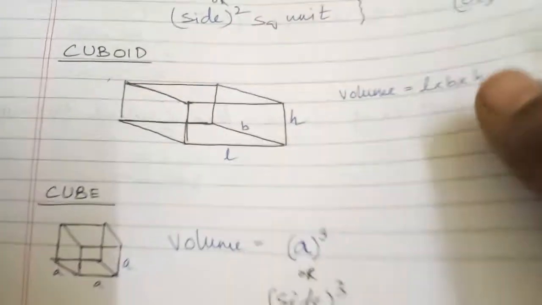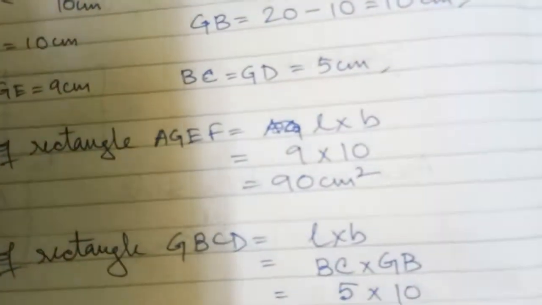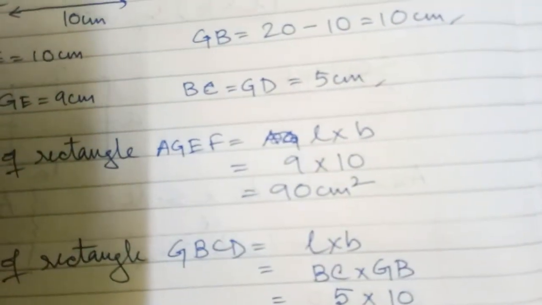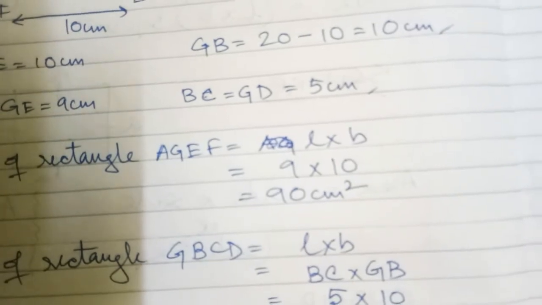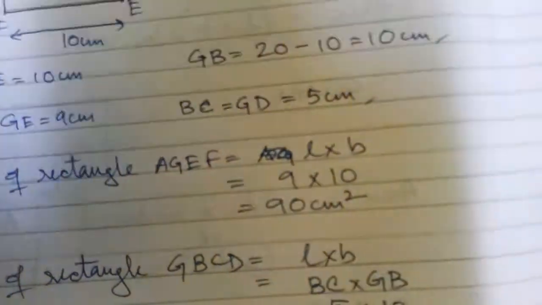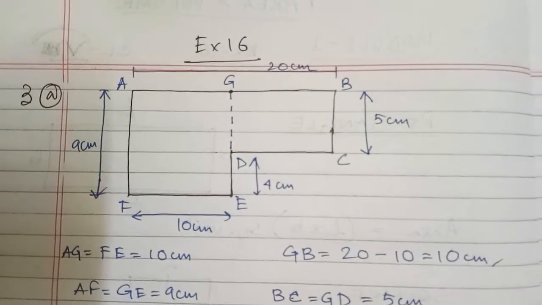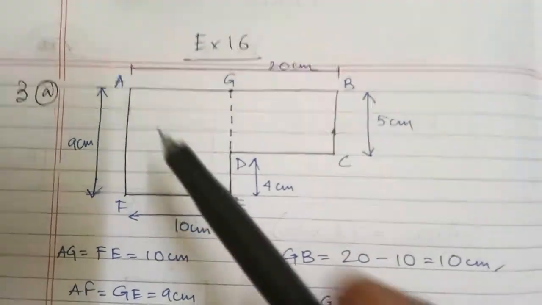Next, I'm coming with one example. The example I've taken from your book only, a figure based question. Just see, given in your book, you have to find the area of a particular figure. What I've done is I've drawn the figure first.